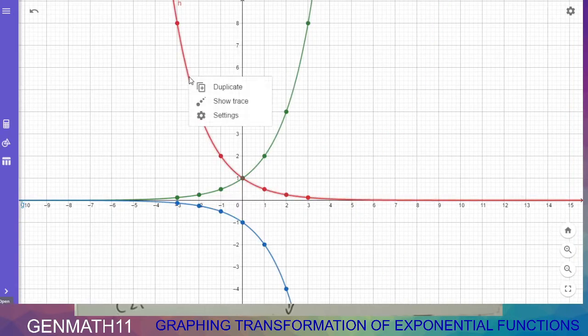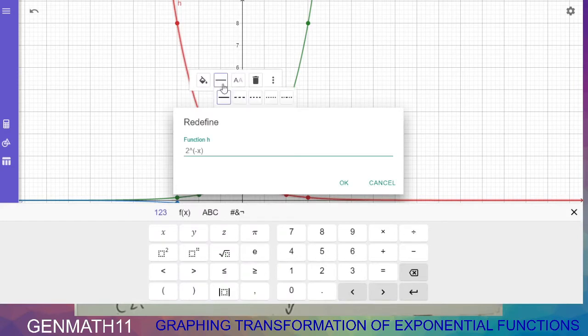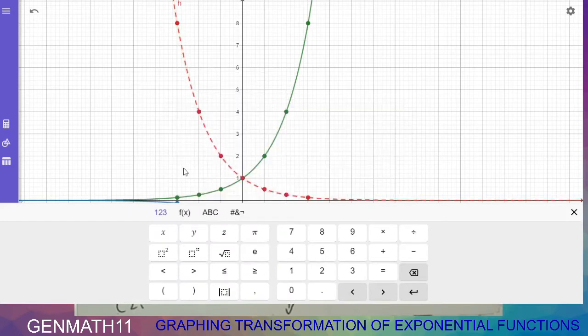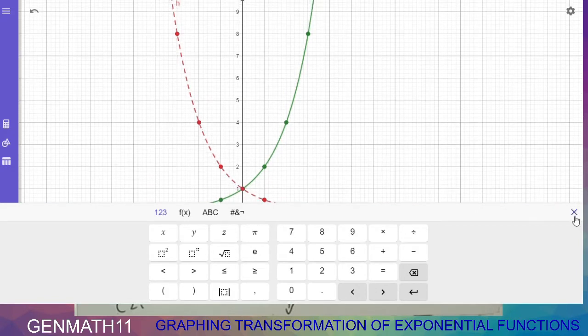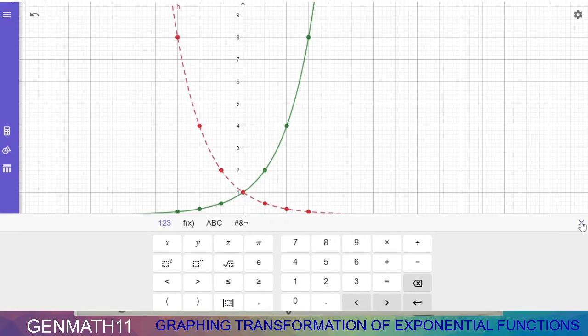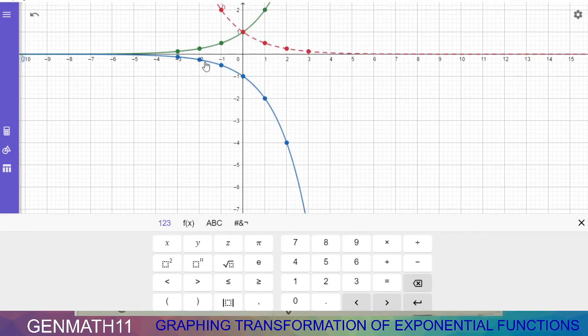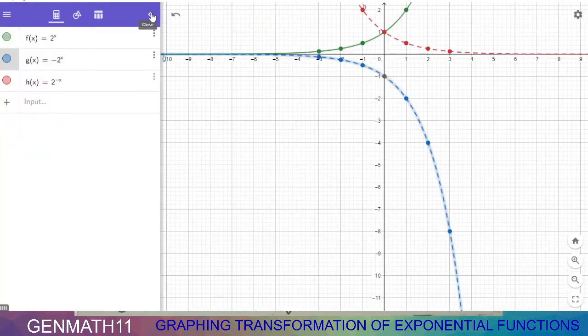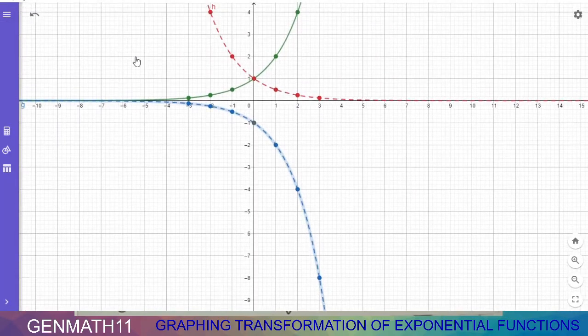Then, gawin lang natin tong broken line. So, yan.